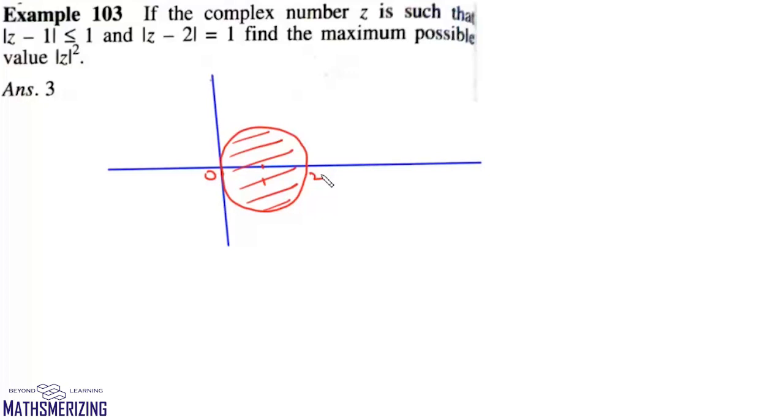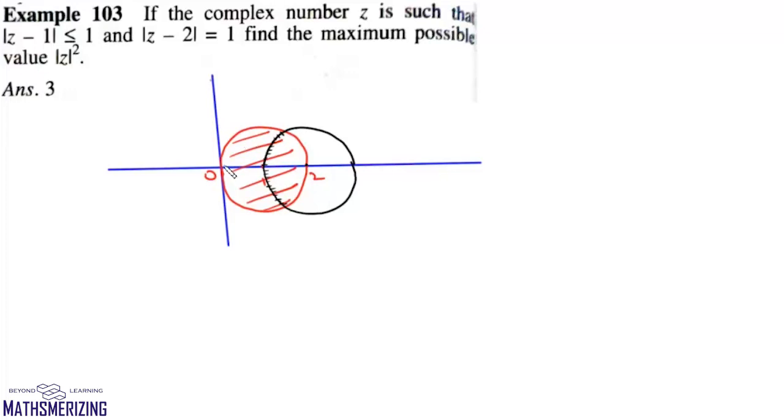Now the second one is mod of z minus 2 equals 1. So this again is a circle with center at 2 and radius equals 1 unit. So all the complex numbers which satisfy both these conditions are this portion of second circle which lies inside or on this first circle.